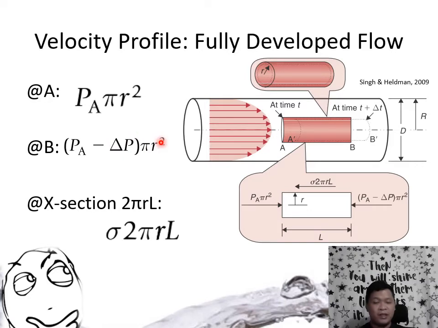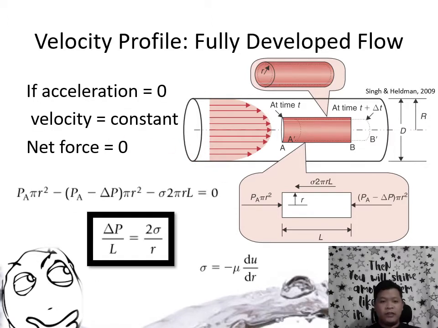So anyway, in fully developed flow, you have a steady state constant velocity and zero acceleration. So again, at fully developed flow, if the acceleration is zero and the velocity is constant, then that means the net force acting upon the fluid is zero, such that there would be no pressure drop.